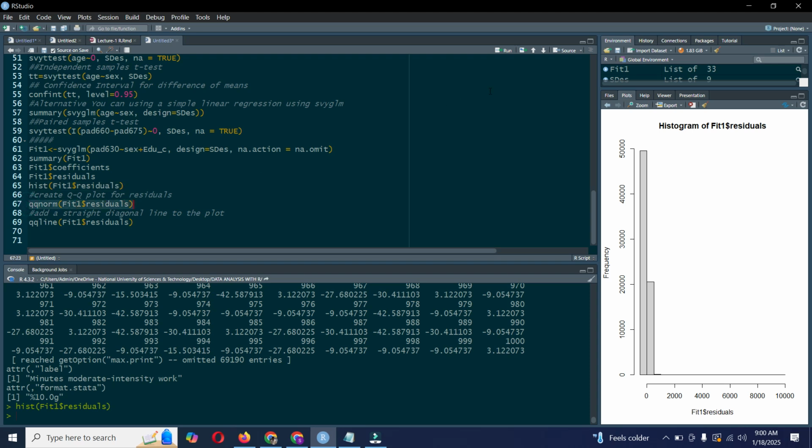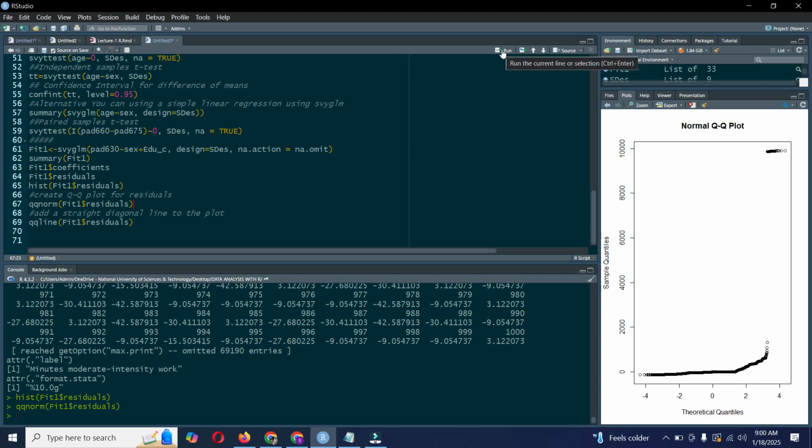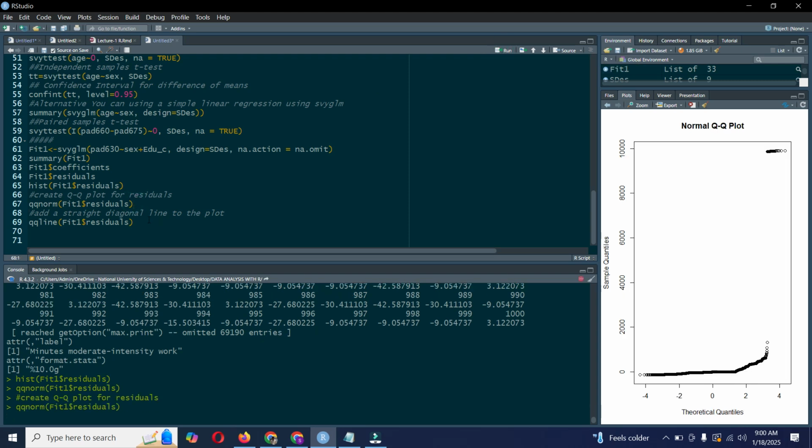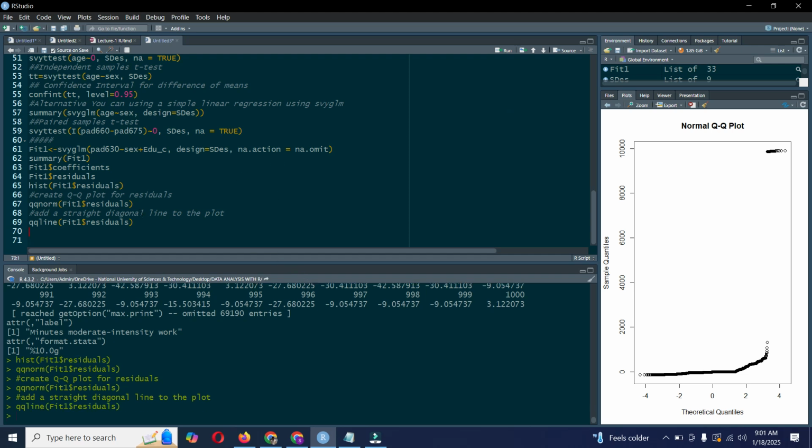You can again confirm using a QQ plot, that is the quantile and quantile plot, with the fitted straight line, that is called the QQ line.